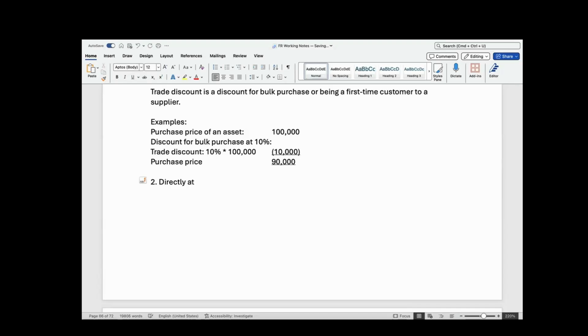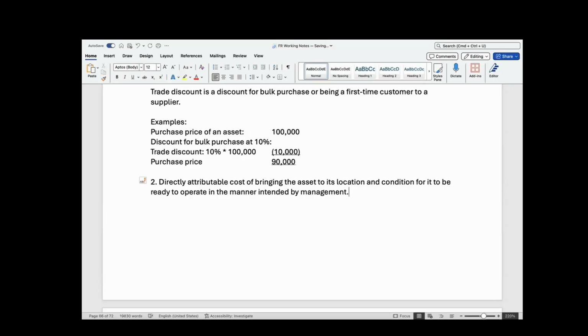And number two is directly attributable costs of bringing the assets to its location and condition for it to be ready to operate in the manner intended by management.